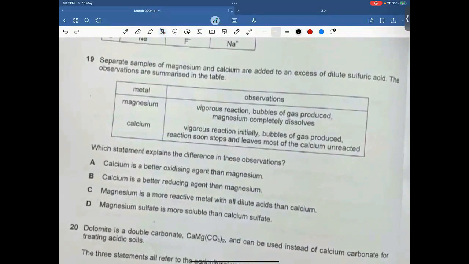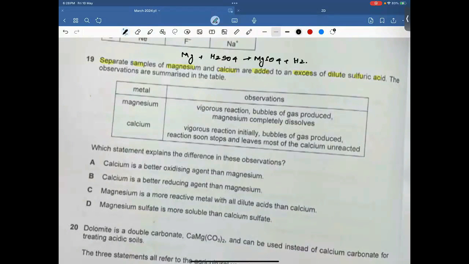Okay, question number 19. Separate samples of magnesium and calcium are added to excess dilute sulfuric acid. When we add magnesium to H2SO4, it is converted into magnesium sulfate and hydrogen gas. So bubbles of gas are given out.